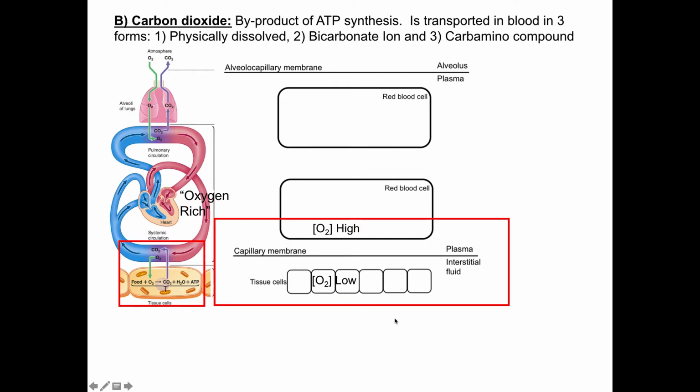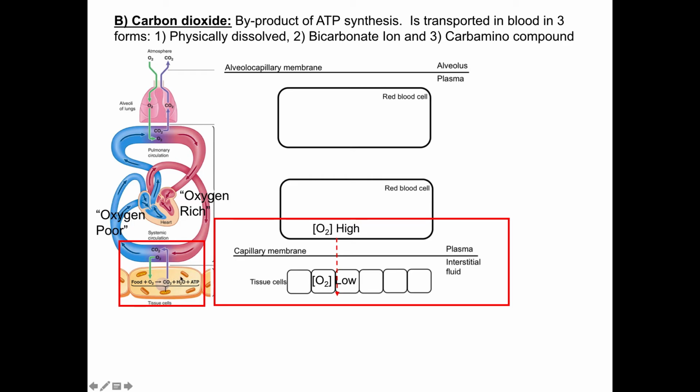What's oxygen going to do? It's going to move from the blood in the systemic capillaries into the cells. Boom. As a result, the blood that now leaves the systemic capillaries heading back to the right atrium is what's called oxygen poor blood, because it's lost some of its oxygen.